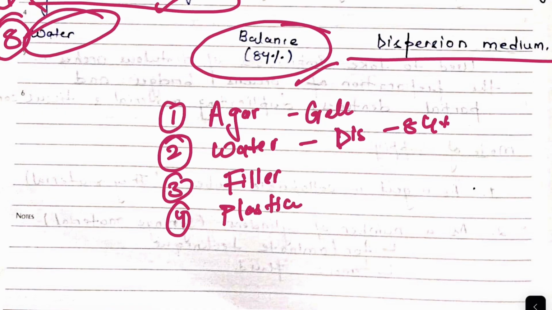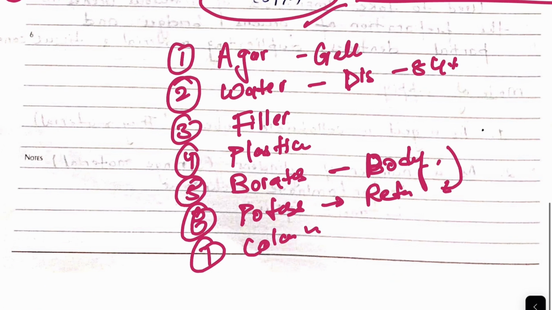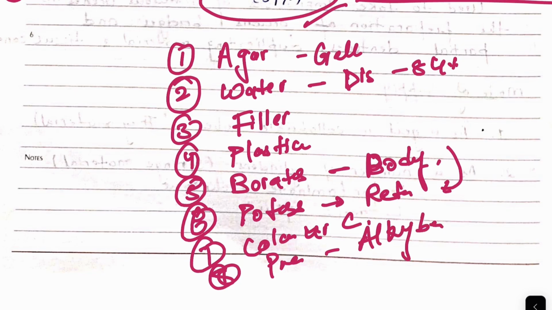We have borates to give more body to the compound. We have potassium sulfate to overcome the retarding effect that is caused by the borates. We have coloring compounds, and we have a preservative, that is alkyl benzoate.